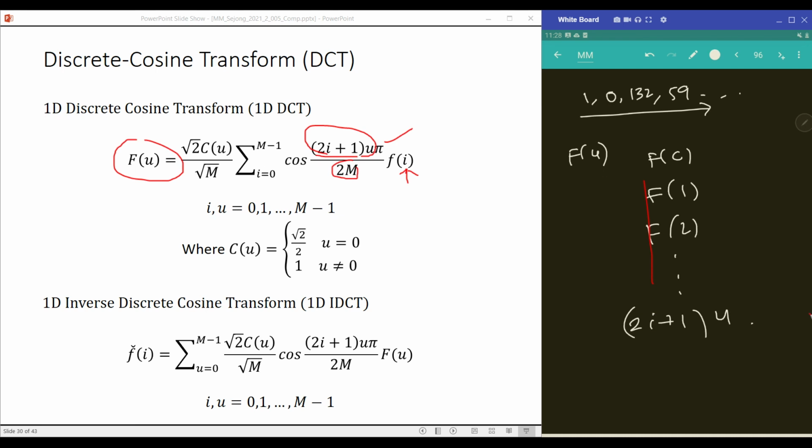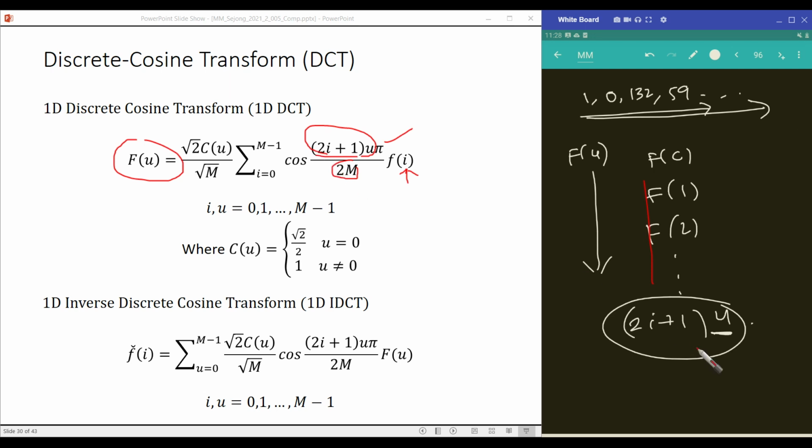As u increases, we get higher numbers, and as we go rightward from our older sequence, this term increases. This term increasing means the frequency increases.